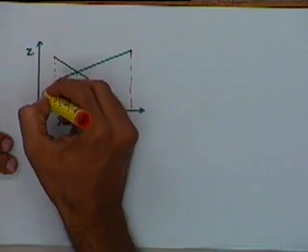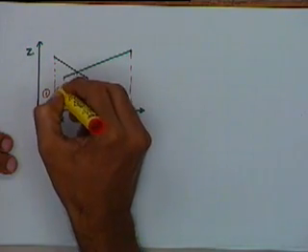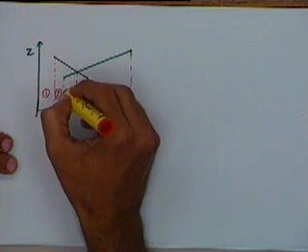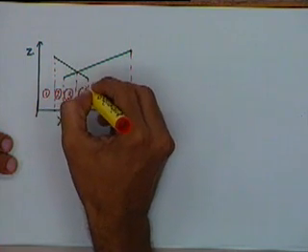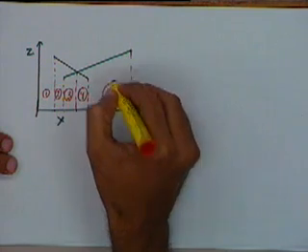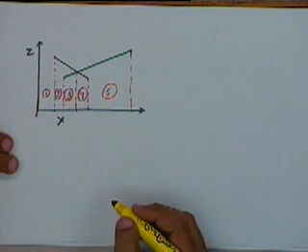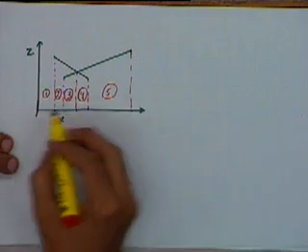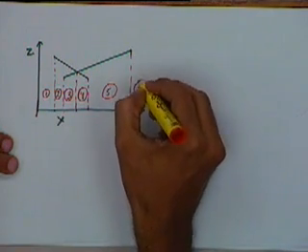So this is our span number 1, this will be span number 2, this will be span number 3, this would be span number 4, this would be span number 5, and this would be span number 6.